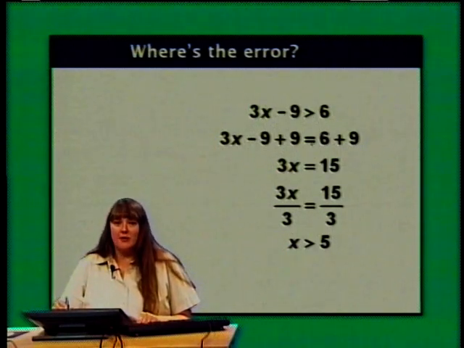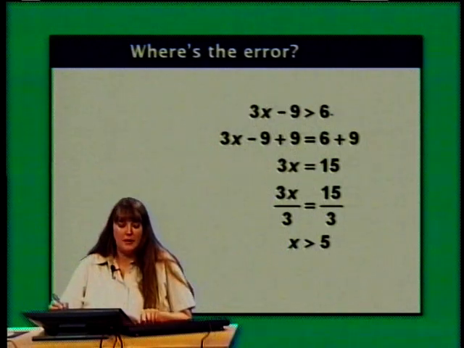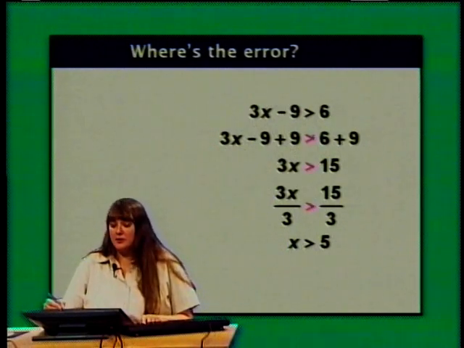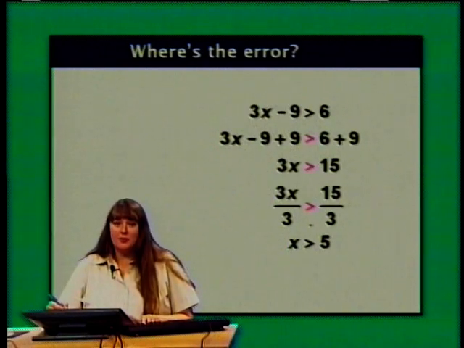So I see an error already. This greater than symbol became an equals sign. And I see equal signs all the way down. At the very end, I see x is greater than 5. X is greater than 5 actually is an equivalent inequality to 3x minus 9 is greater than 6. If we insert greater than symbols all the way through here, this solution process would be correct.